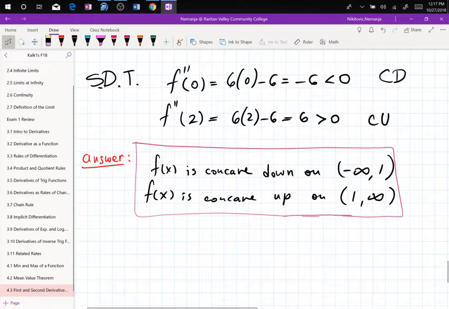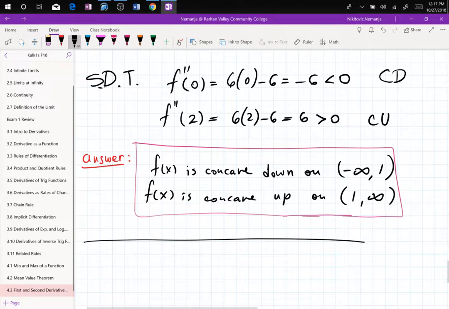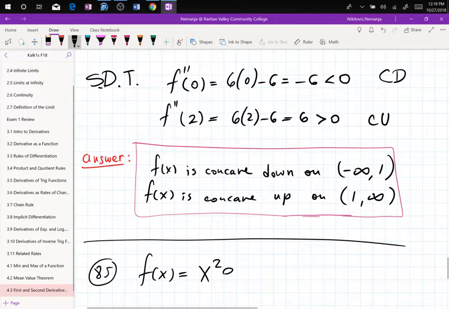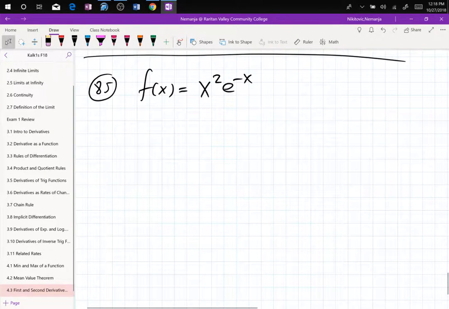So I'll let you try one of the second derivative tests. By now, you should be masters of the procedure, at least. Let's go with problem 85, because this one has x squared e to the negative x. So try that.